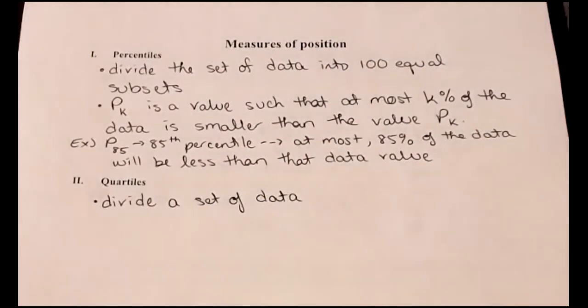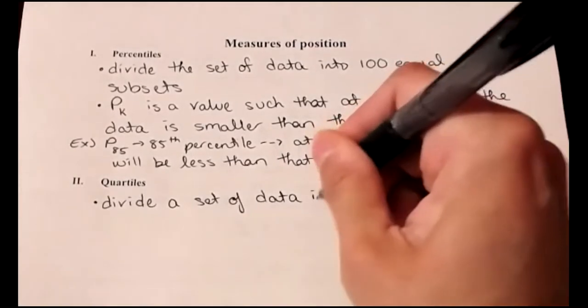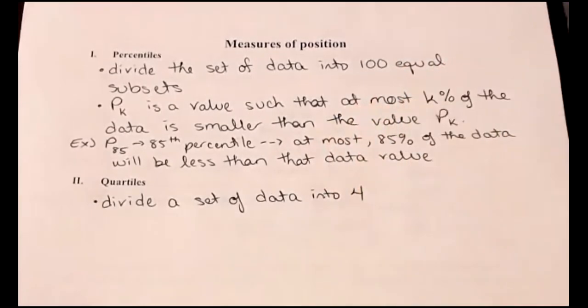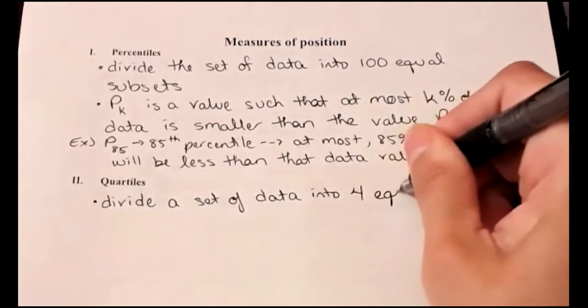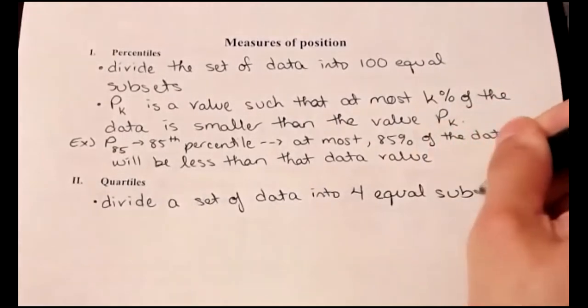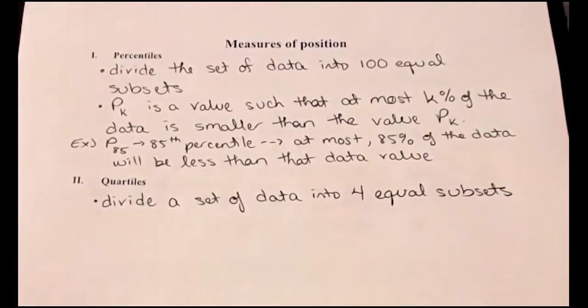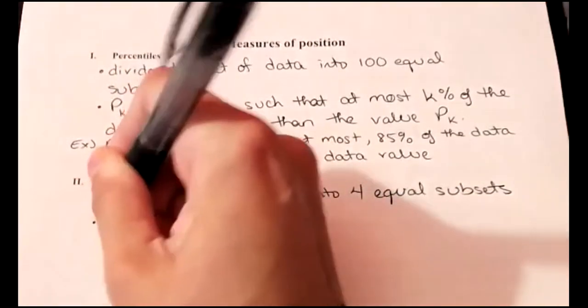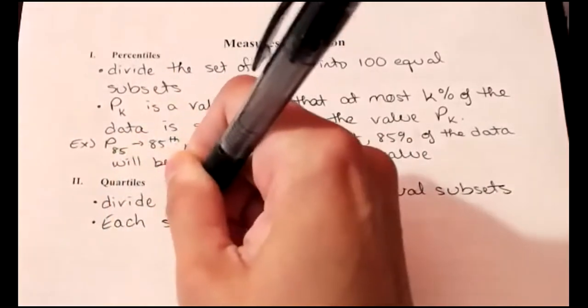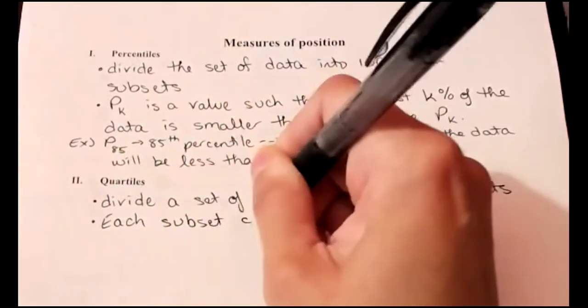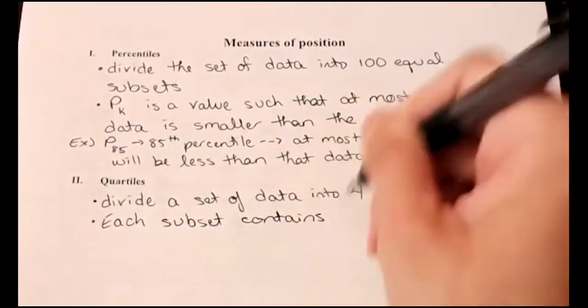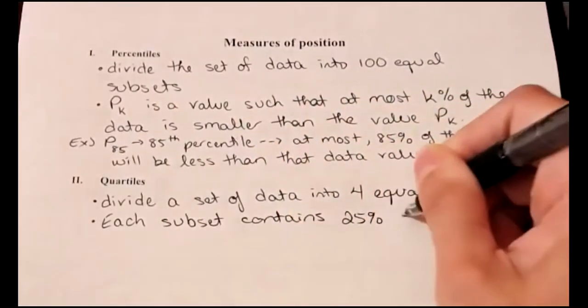Percentiles divide it into 100 equal subsets because it's out of 100, but quartiles divide it into 4 equal subsets because we're thinking quarters. Each subset contains 25% of the data.